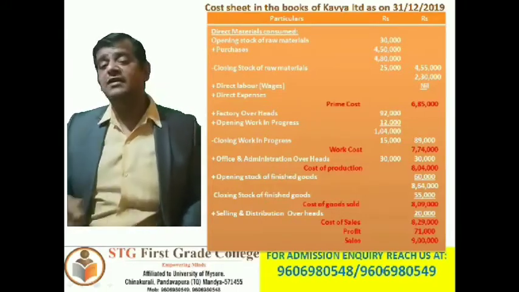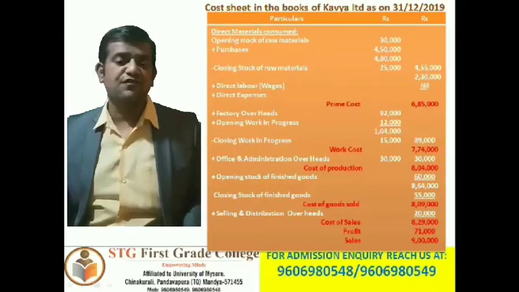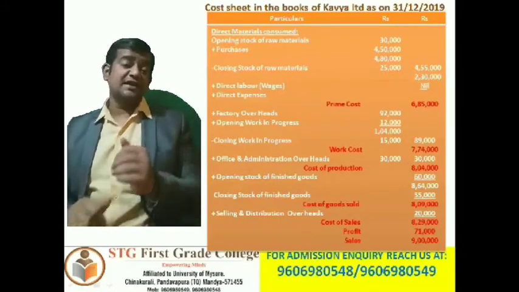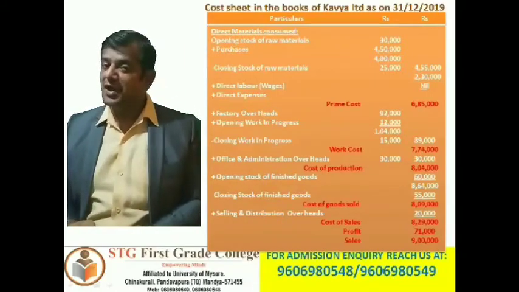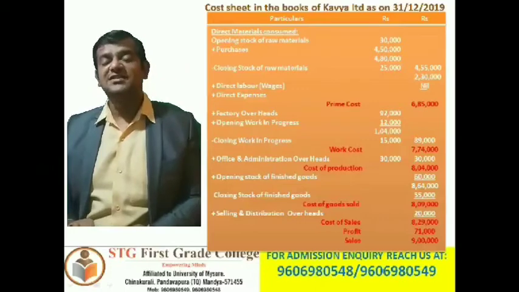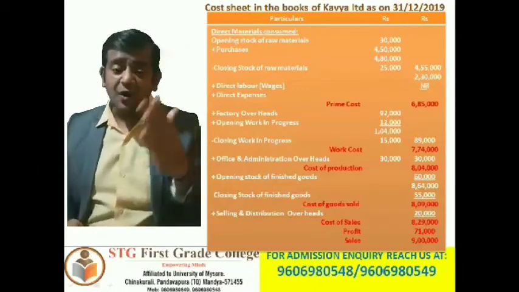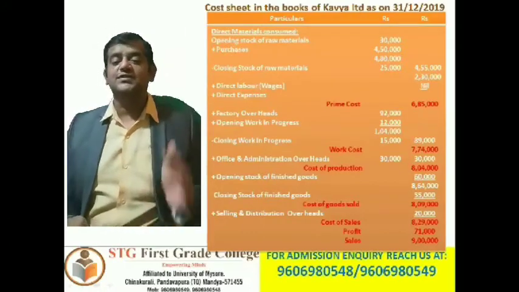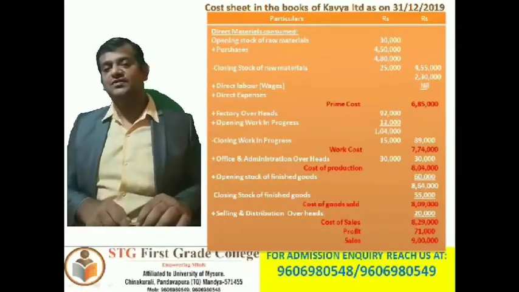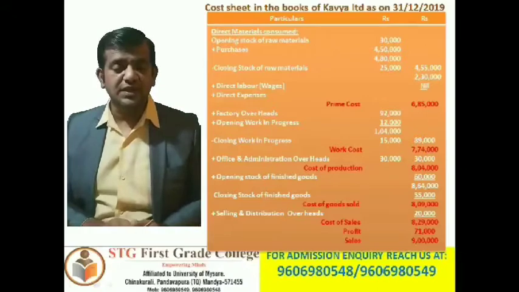Work cost is 7,74,000. Now we are supposed to identify cost of production. To identify cost of production, we are supposed to add office and administration overheads. So let us add office and administration overheads. How much are they? 30,000 rupees. Correct.